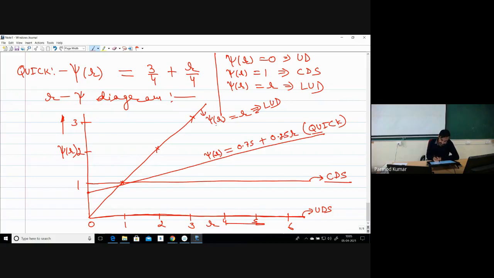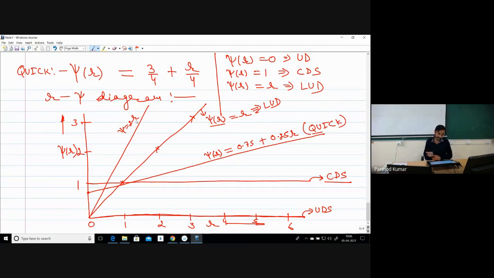So over here you can see this is my psi R equal to R. If I consider any other value, say psi R equal to 2R, then my line will be shifted somewhat. The line will have a slope actually 2 times that of the initial slope. Okay. So this is how we can plot different lines on this R psi diagram, and at the moment we have plotted this R psi diagram only for our existing schemes.